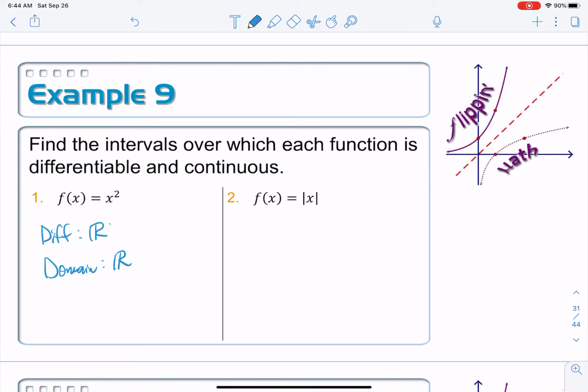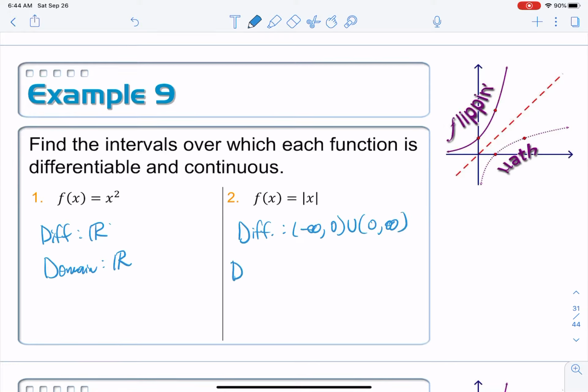Okay, and then over here on the absolute value graph, for the 4,000th time, it's differentiable everywhere except the origin because you have a sharp turn there. So it's differentiable from negative infinity to 0 and then 0 to infinity. But where is it defined?